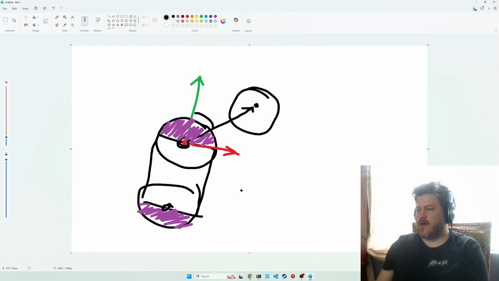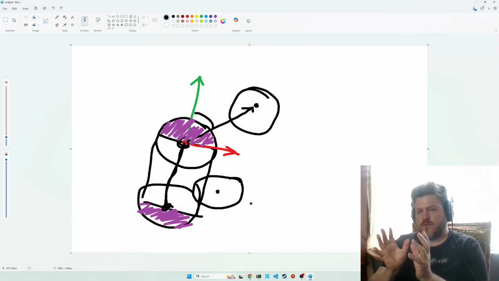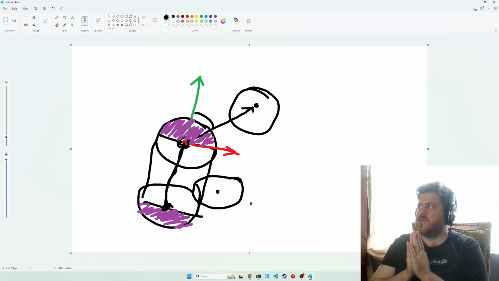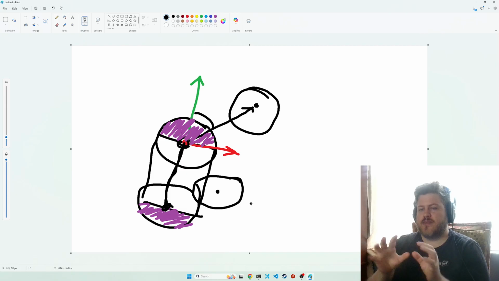So say there's a guy overlapping right here. We know the direction of the hit normal is, how do I put this? Ideally it's the direction that you push things away from each other along their smallest overlap.